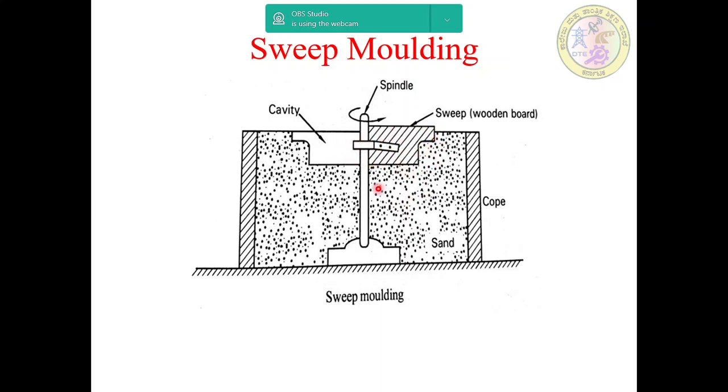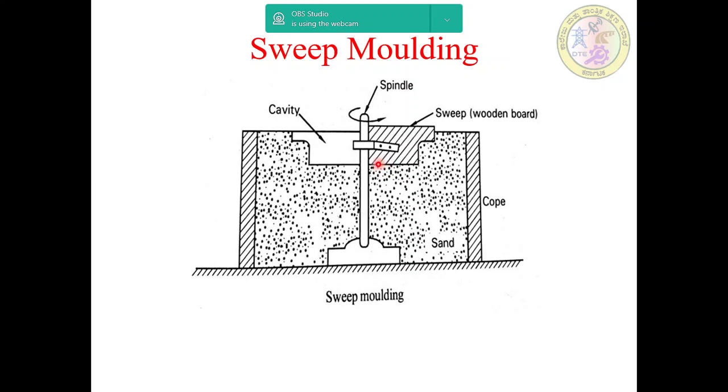After filling the entire sand into this box, afterwards we can revolve this spindle. While revolving this spindle, you will get the mold cavity. A thin wooden piece is attached to the spindle on one edge, while the other edge has a contour depending on the desired shape of the casting, as shown in the sketch.